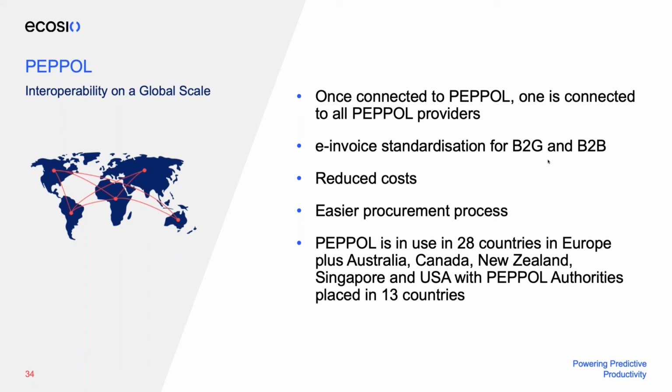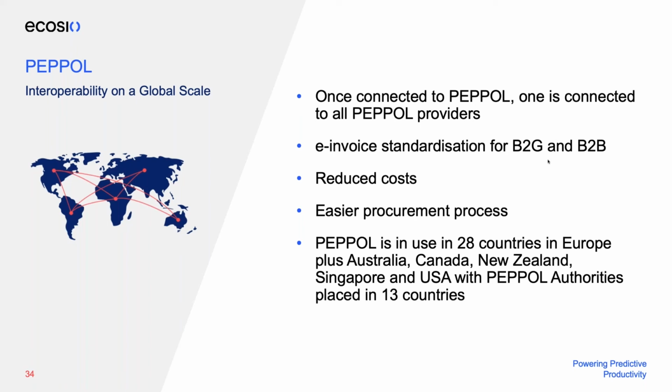It provides e-invoicing standardization for B2B as well as B2G, reduced costs and easier procurement processes. And Peppol is already in use in 28 countries in Europe, plus Australia, Canada, New Zealand. In particular, Australia, for instance, also mandates Peppol, and also Singapore, USA already joined, and the trend is towards a growing user base there.